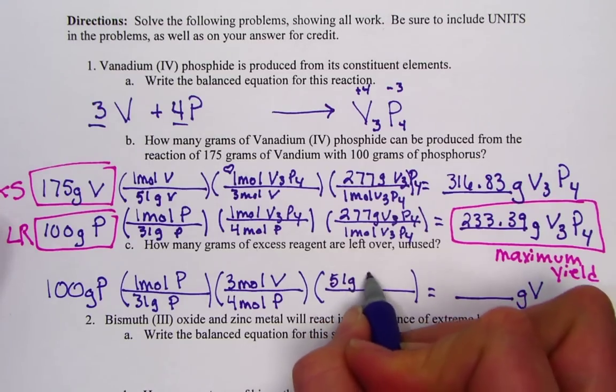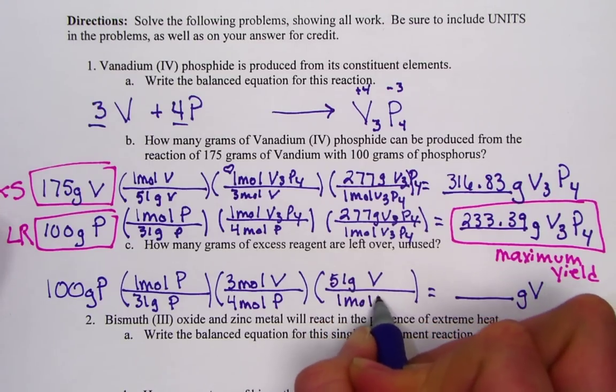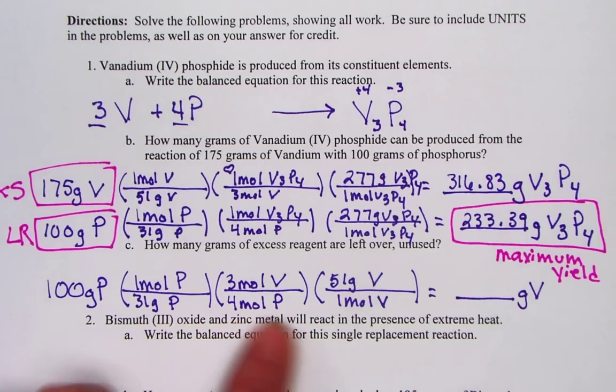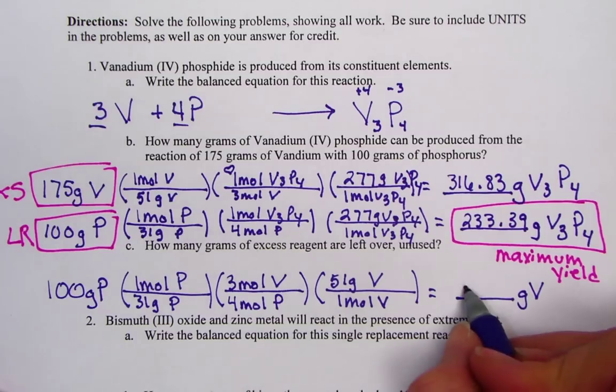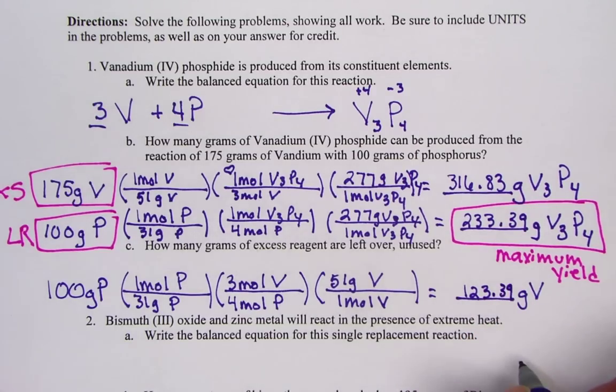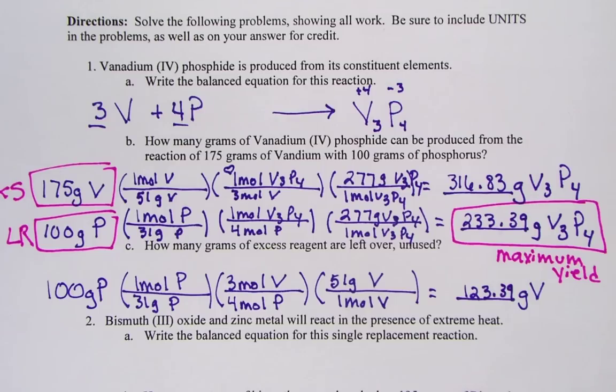We'll use the molar mass of vanadium in our last step, 51 grams set over 1 mole of vanadium. Starting with the limiting reagent, 100 grams of it, I divide by 31, times 3 divided by 4, times 51, and I found 123.39 grams of vanadium. Remember, that's the amount that was consumed or used up during our reaction.